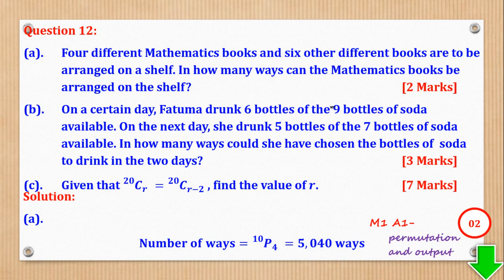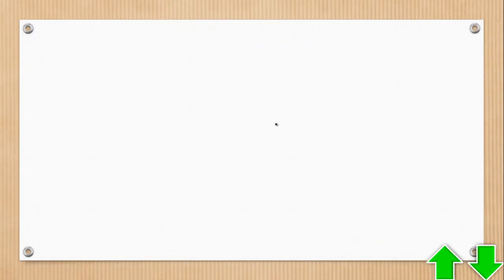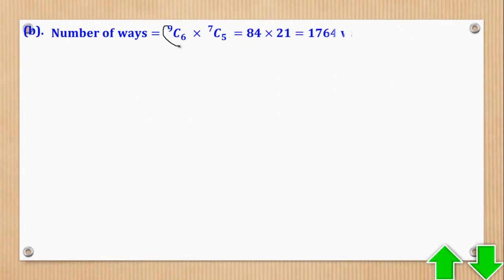So from this one, there is nothing like arranging. So of the 9, she drank 6, which is 9 combination 6. Then of the 7, she drank 5, which is 7 combination 5. And you multiply the 2. So number of ways will be 9 combination 6 times 7 combination 5 to give you 1764. That is part B. What about part C?